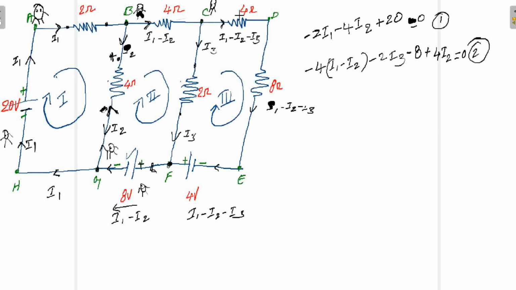So there should be some voltage drop. That voltage drop is equal to the respective resistance times the current flowing through it. So the third equation becomes 4 into (I1 minus I2 minus I3). This is the voltage drop or voltage rise. This is positive and this is negative.